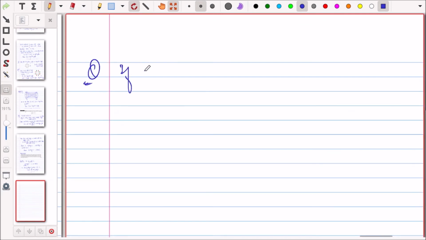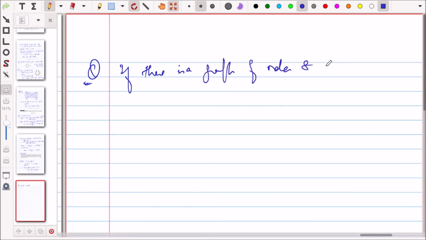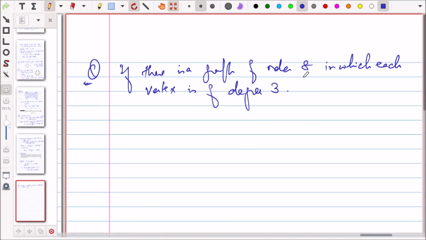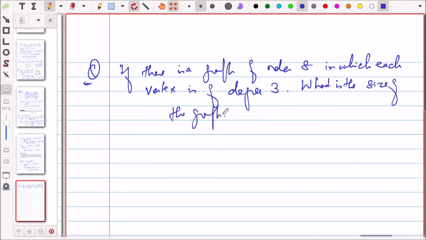Question: if there is a graph of order 8 in which each vertex is of degree 3, and what is the size of the graph? 12. 12, right? So solution, how you will do it?